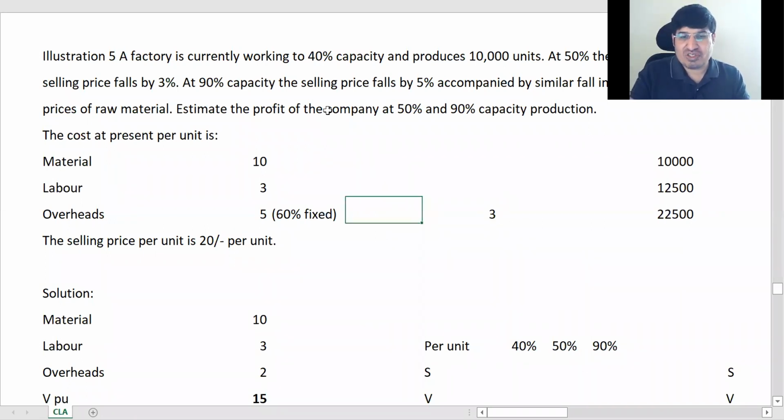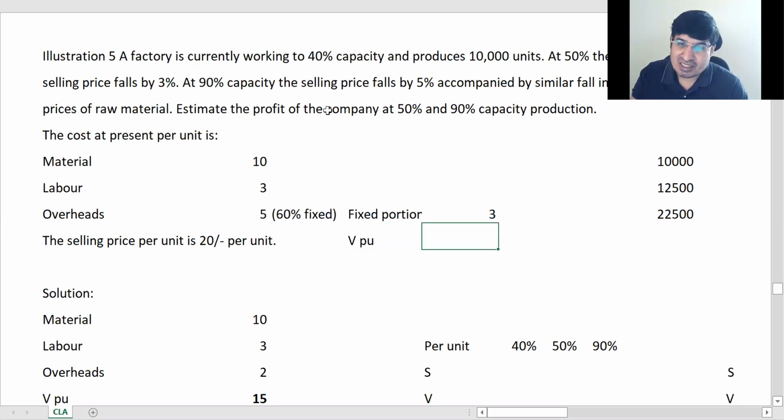So the fixed portion is 3 and variable per unit, the variable portion of overheads, is only 2. Okay. So fixed is 3. Now this fixed per unit, whatever you get, this will be the fixed cost based on the first data you have been given.